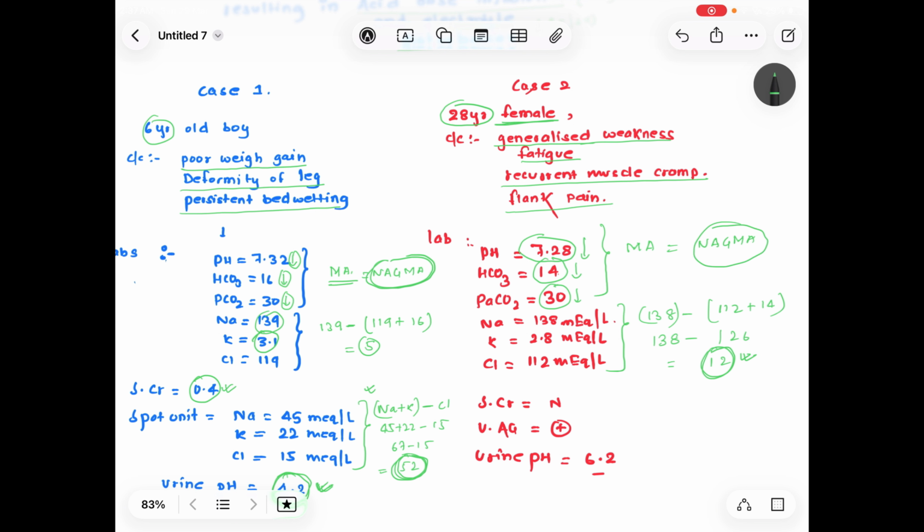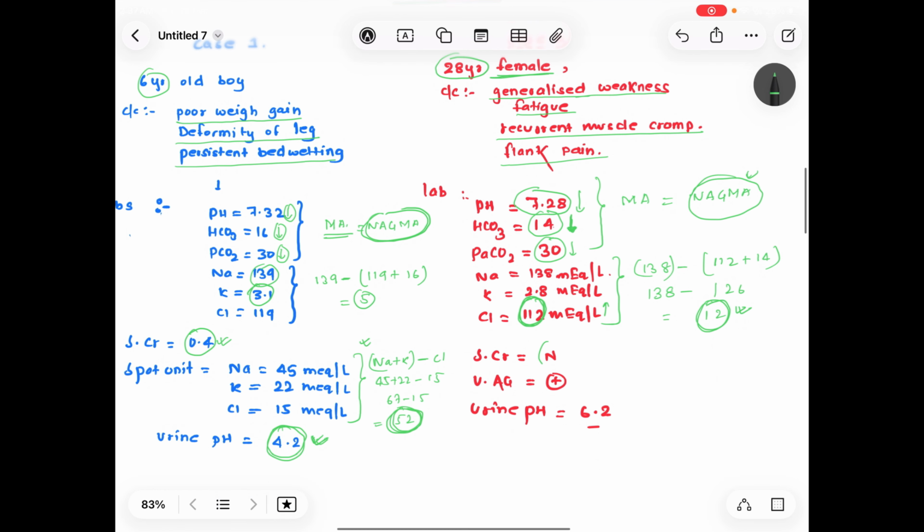In normal anion gap metabolic acidosis, the decrease in bicarb is compensated by increase in chloride. That's why this is called normal anion gap metabolic acidosis. In this, the serum creatinine is also normal, urine anion gap is positive and urine pH is also acidic but slightly on the upper side.